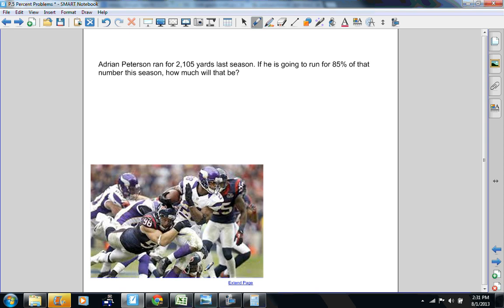So 85% of that number. Well, that number is 2,105. So it has to be 85% of 2,105, and that number will equal this season.